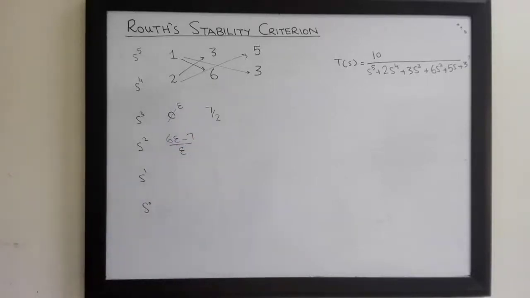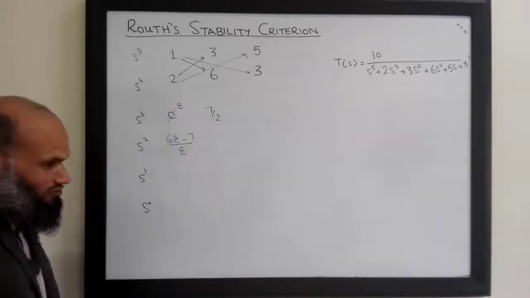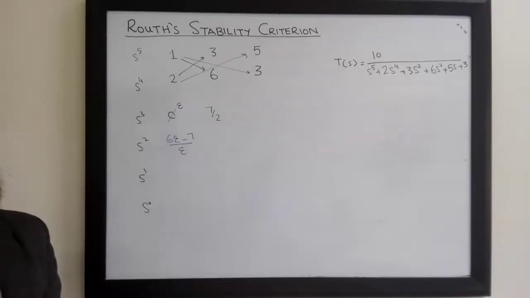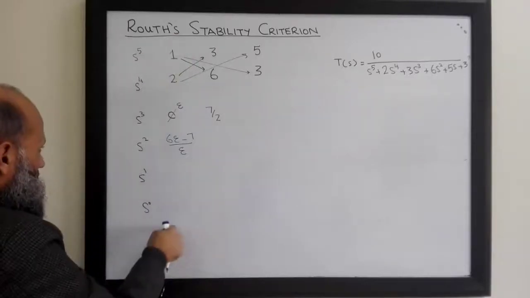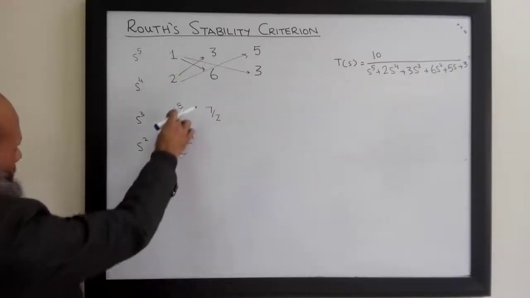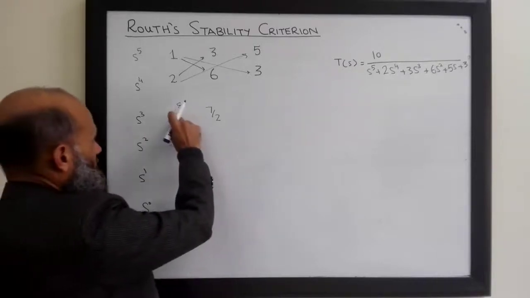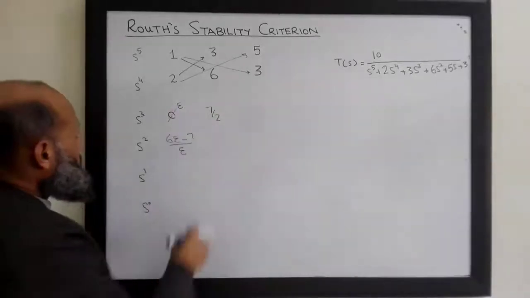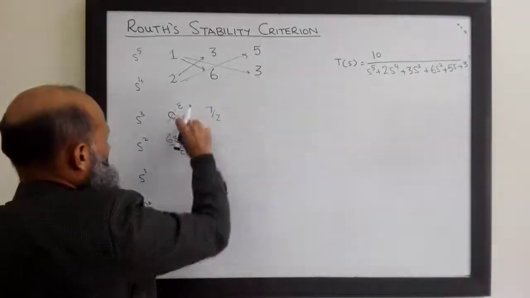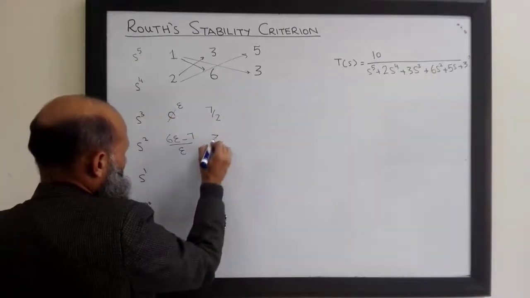So the objective of proceeding in this way is to get rid of this difficulty, that is something divided by 0, which is infinity, and we cannot determine the sign of infinity, and therefore we cannot count the number of sign changes. To avoid that difficulty, we have replaced this 0 with a very small number. And now this entry is 3 multiplied by epsilon minus 2 multiplied by 0 divided by epsilon, that is 3.